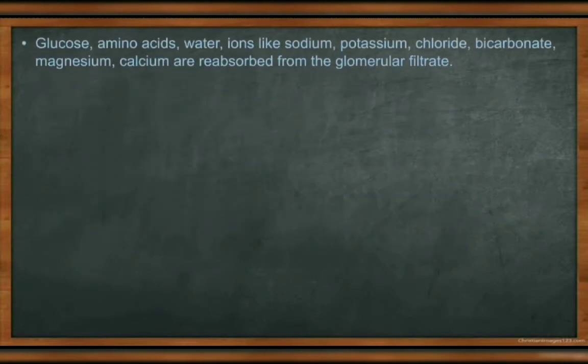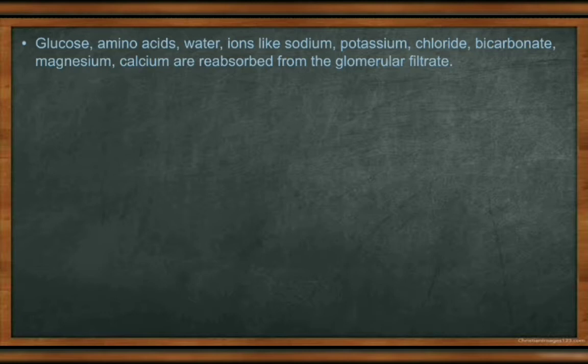Glucose, amino acids, water, and ions like sodium, potassium, chloride, bicarbonate, magnesium, and calcium are reabsorbed from the glomerular filtrate. Glomerular filtrate means the components which transfer from the glomerulus to the Bowman's capsule.